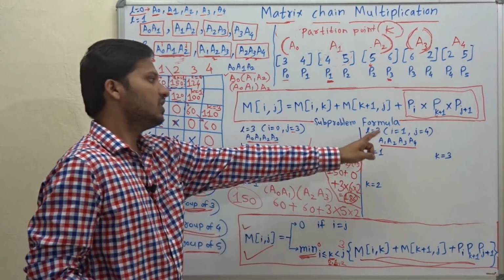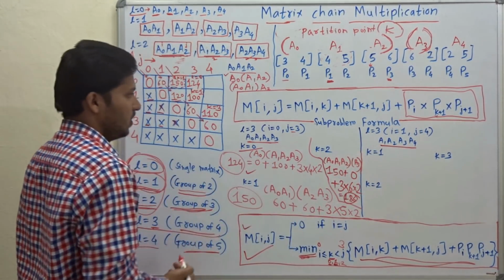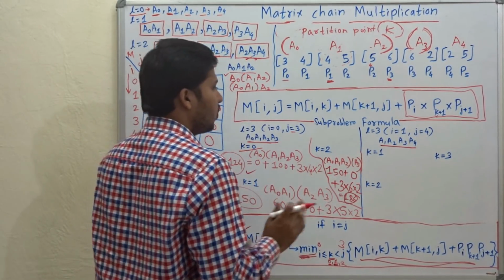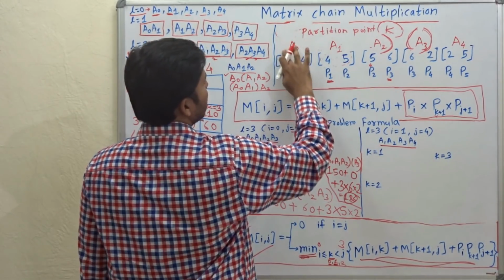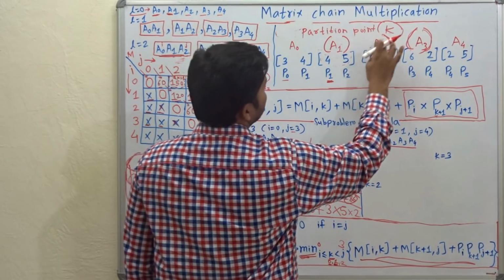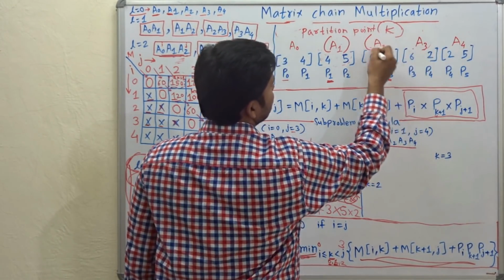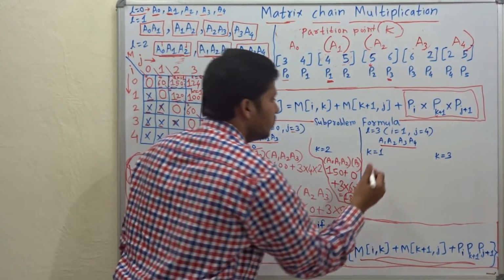For L equal to 3, the second group is A1, A2, A3 and A4. Now if k equal to 1 is the partition point, what will be the partition? The partition will be from A1 to A1 and now A2 to A4 will be the second partition for k equal to 1.